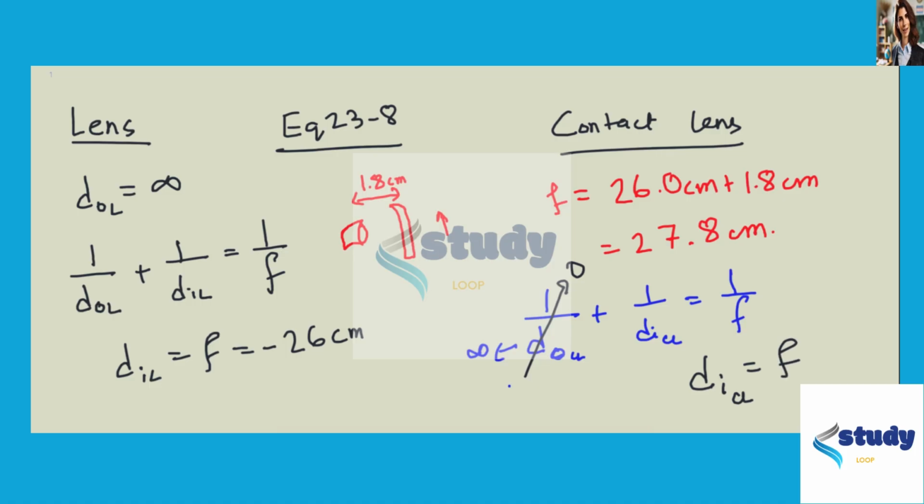And since we already claimed that the focal point is 27.8 centimeters, our image will form at that distance. So it's going to be negative 27.8, since again the image will be forming here, which is in front of the lens. So yeah, that's our image distance when we're using the contact lens.